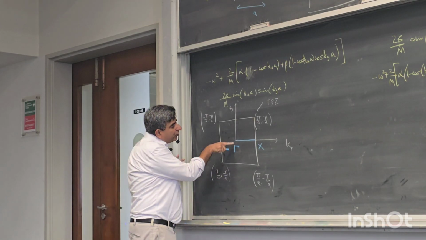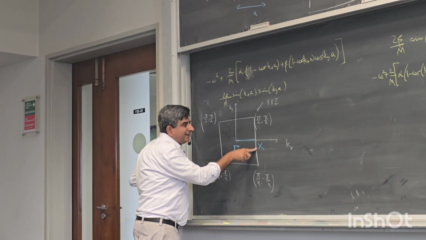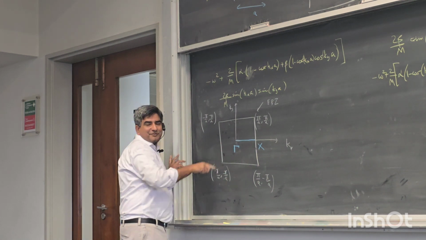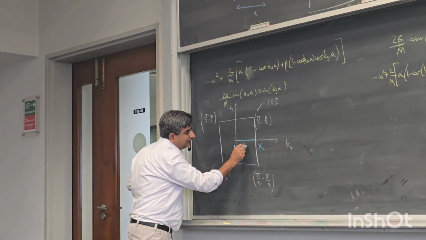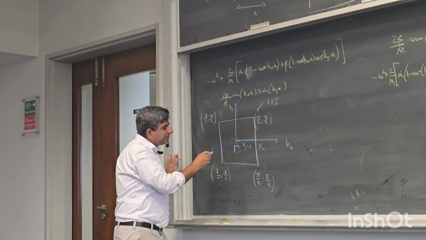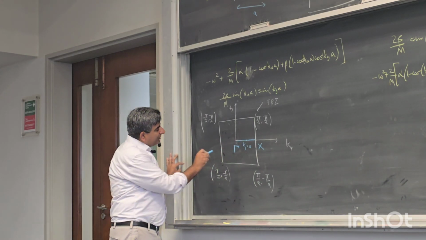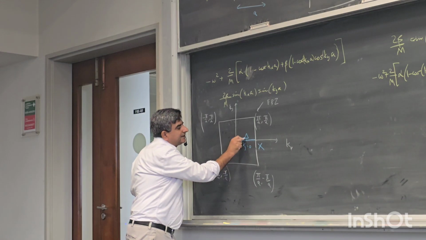As you move along this line, gamma to X, your ky is 0. And you can find out the dispersion relationship at any point on this gamma X line, any point of which is generally given the symbol delta.